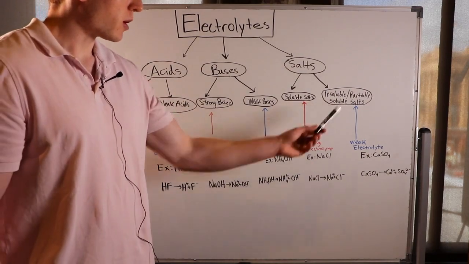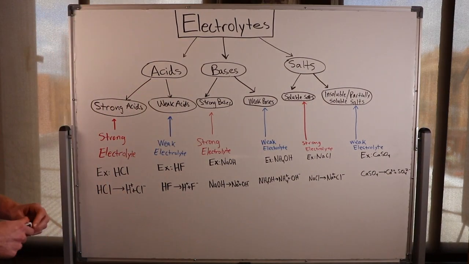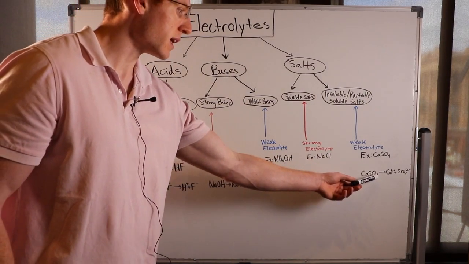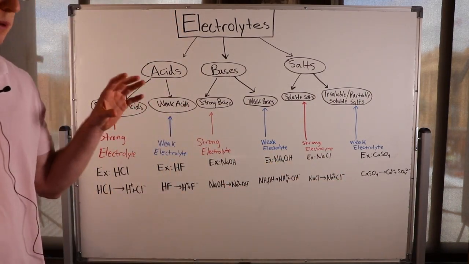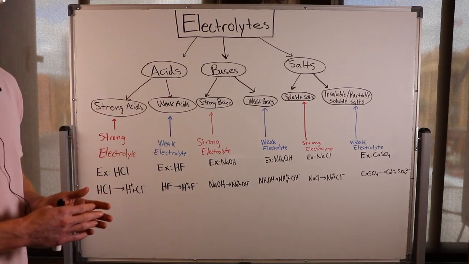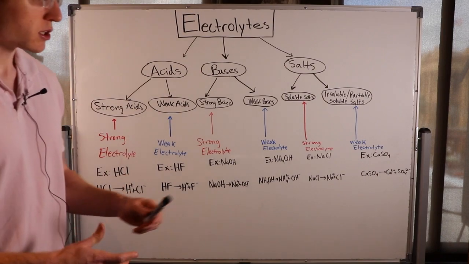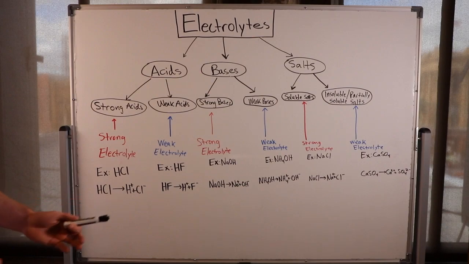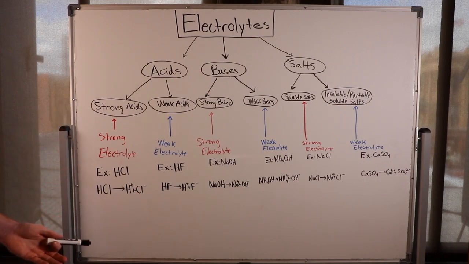An insoluble or partially soluble salt, like calcium sulfate, is not going to break up much. It's going to stay as a solid in the solution. It's like you drop a solid brick of calcium sulfate into a solution and it's just going to stay there. It's not really going to dissolve. So you're not going to contribute many ions to the solution, and thus you're not going to have many electrolytes in the solution.